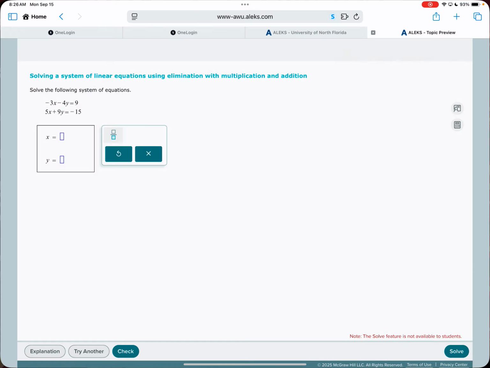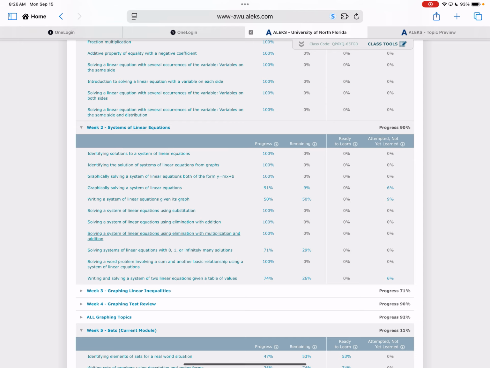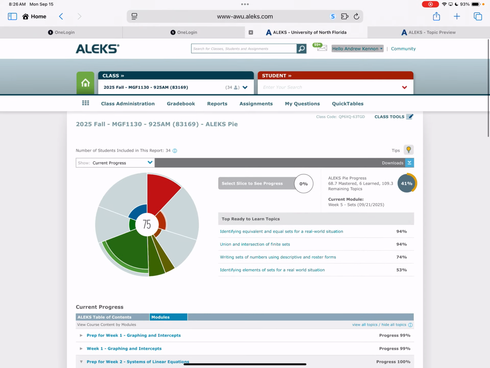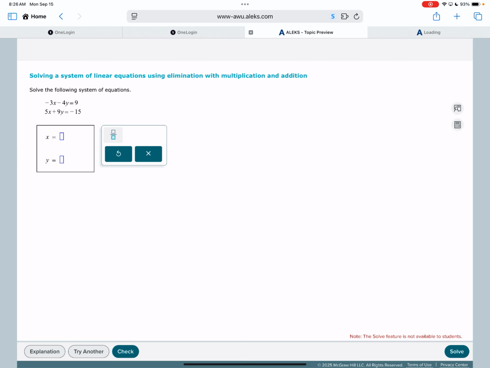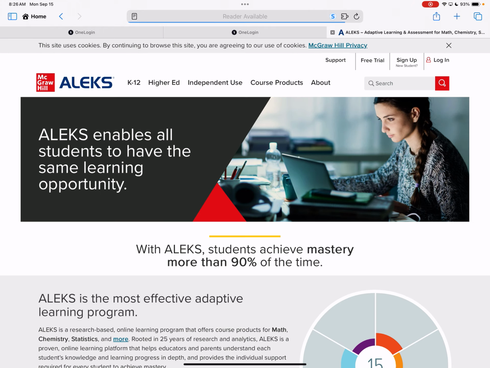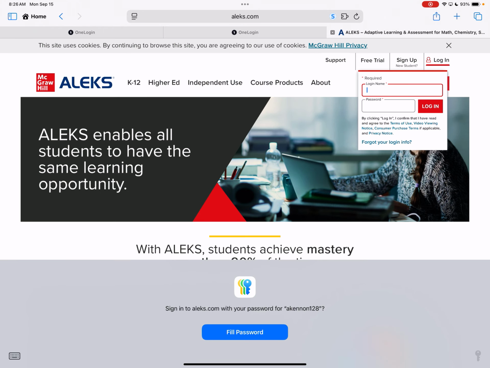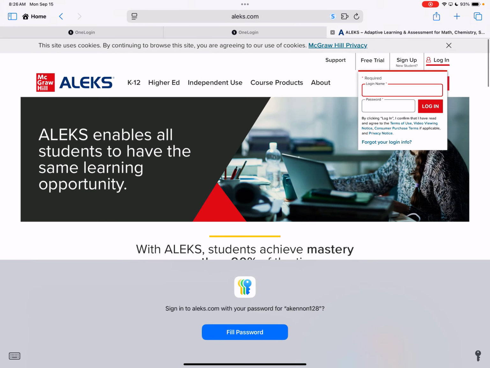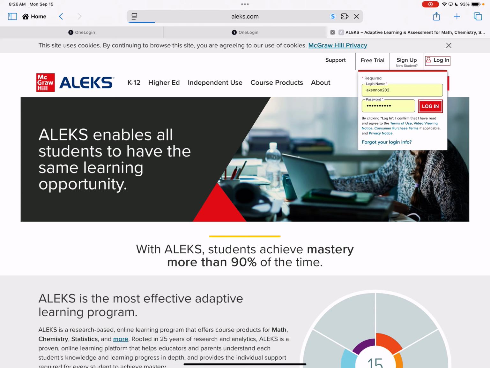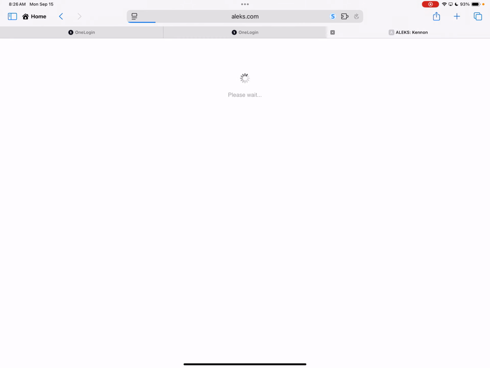I'm sure we'll do another one on this word problem. Let me see if they have. Man, why did it log me into my other? Come on, Face ID. I'm going to go pull a word problem to make sure we do the same word problem that y'all have instead of something different.